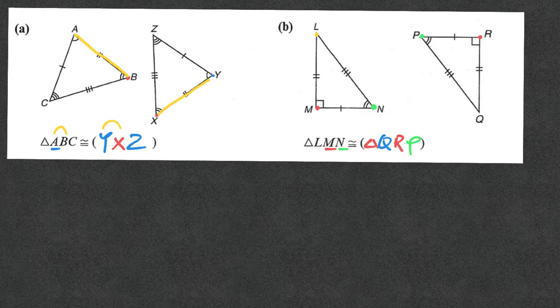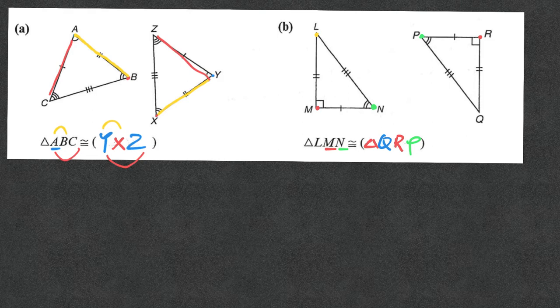Similarly, you can look at length AC, which is the third and the first letter, should match with YZ, which is the first and the third letter. So as a result, by looking at the congruent triangles, you can read the letters to judge which angles are the same as well as which sides are the same.